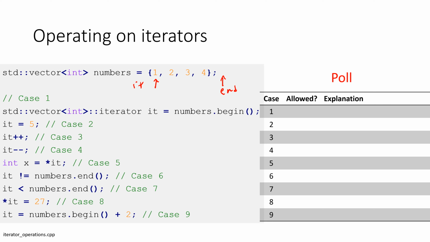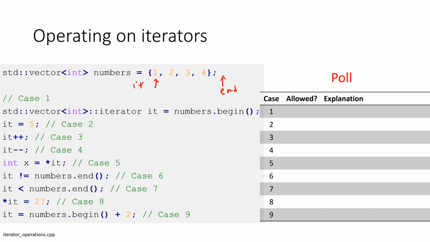We know this is index 0, index 1, etc. So we actually can compare, is this iterator less than that? So for a vector, this will actually work. And it will return true if this iterator is before the end. But you're right to be worried about this one, because for some other things, like a list, this would not work. It has to be a powerful iterator called a random access iterator, which vector has. So I'm going to give that one to you. You're right to be cautious, but that one will work for a vector.